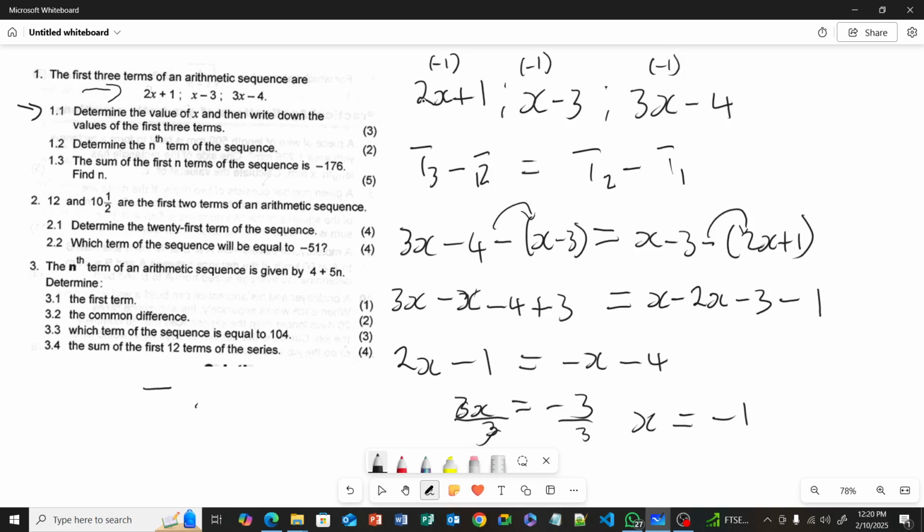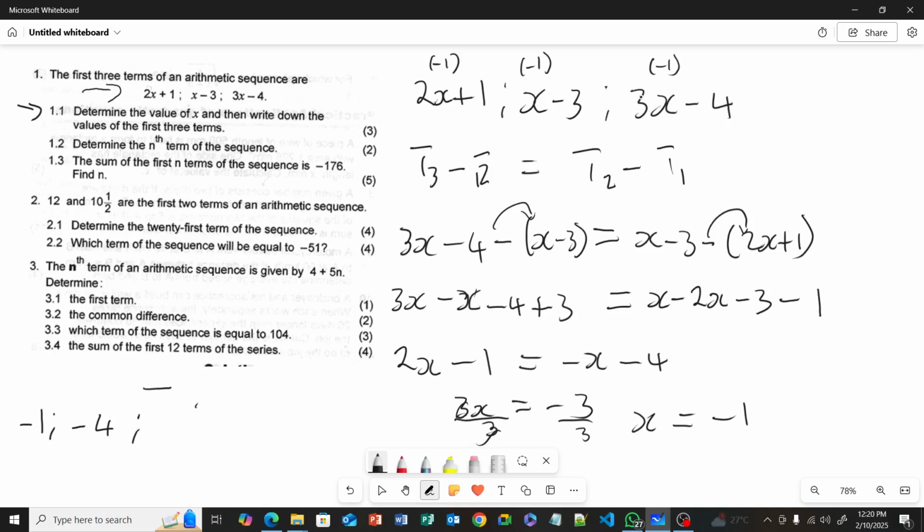So we are going to have 2 multiplied by negative 1, which is minus 2 plus 1, then we have negative 1 as the first term. Now here we have negative 1 minus 3, it will give us negative 4 as the second term.